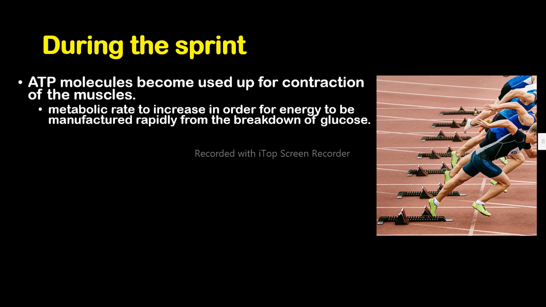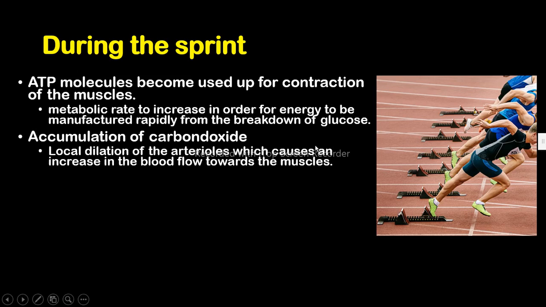Now the ATP produced is going to be used up. So to account for that, you have to increase the rate of metabolism in the skeletal muscles, whereby much glucose is broken down, but I prefer hydrolyzed. Much glucose is hydrolyzed to produce energy, and now the energy is going to be used in muscular contraction to bring about that sprinting.